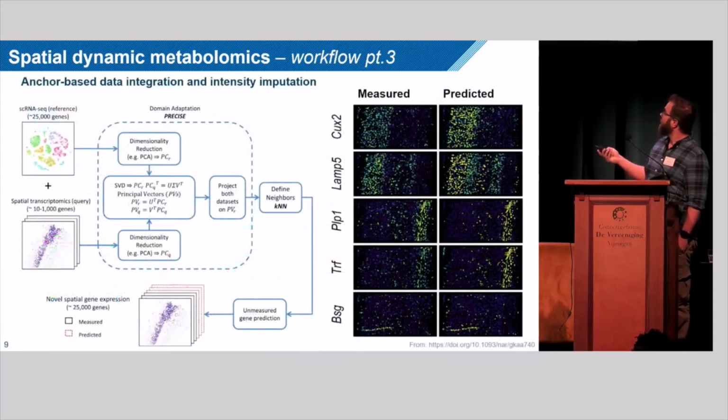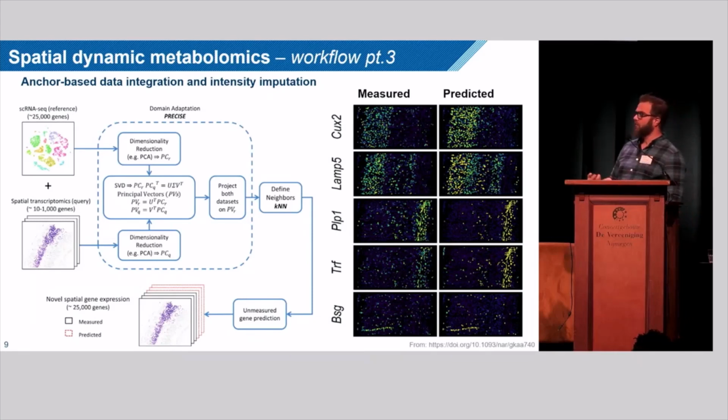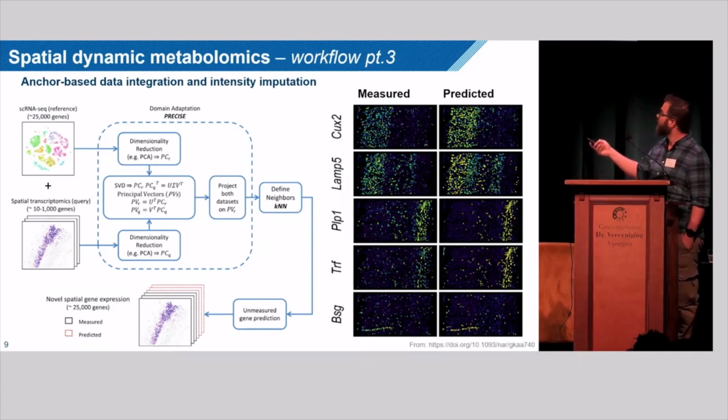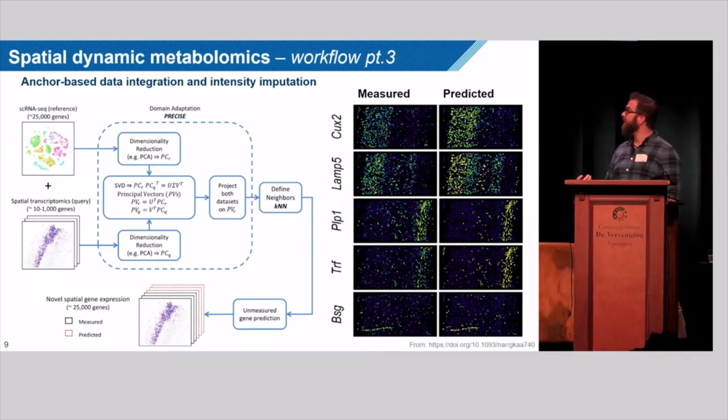Basically, she showed this workflow where you take single-cell RNA sequencing data with a lot of genetic coverage, so a lot of transcriptomic coverage, and you take a spatial transcriptomics data set where you have spatial information for a limited subset of those genes.